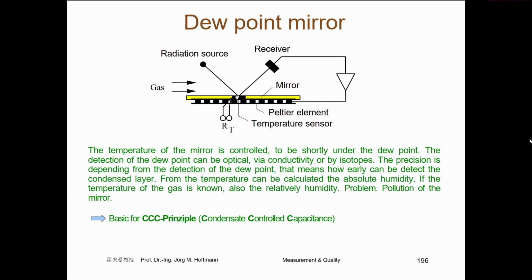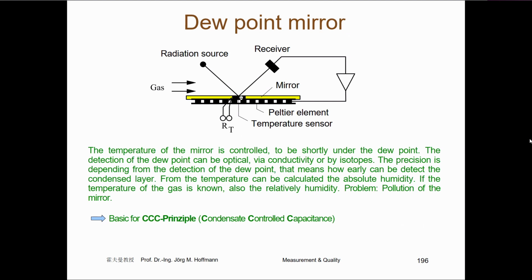But at the moment when you have water on the surface, you see a lot of scattered light, and you have an increase of the amplitude on the receiver. And with this, you can also control the cooling element, and you can measure the temperature when this point is reached.